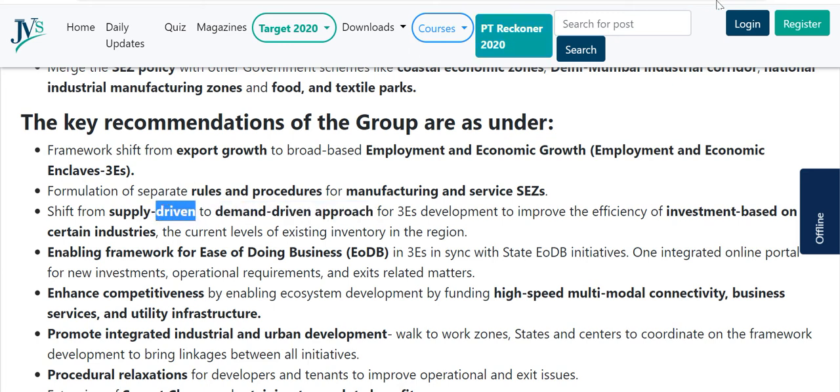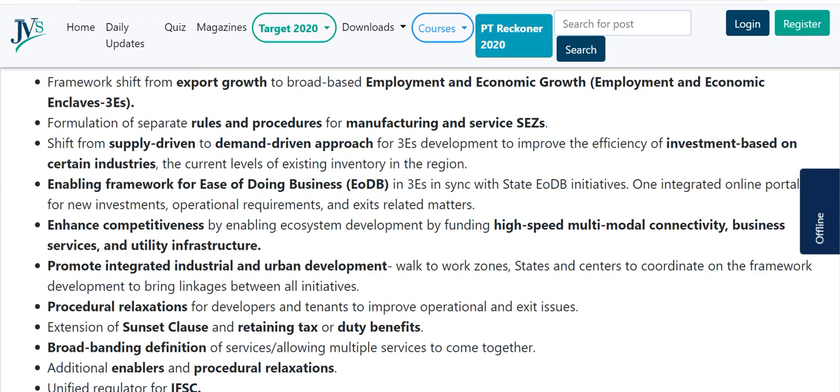So depending on what demand there is in the international market, the SEZs would divert or create their products accordingly. It would have a demand driven approach in order to improve the efficiency of investment based on certain industries.